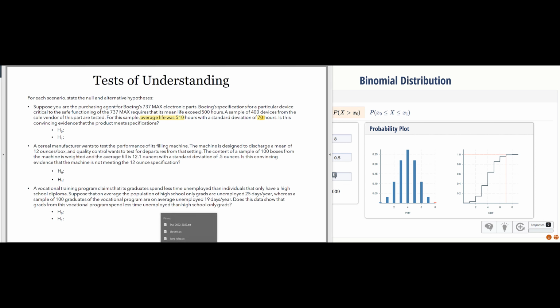All right, so does that mean that our machines are departing from 12 ounces? Departing, of course, means different from, which means not equal to. So our null hypothesis is that the weight is equal to 12 ounces, and our alternative hypothesis is that the weight is not equal to 12 ounces.